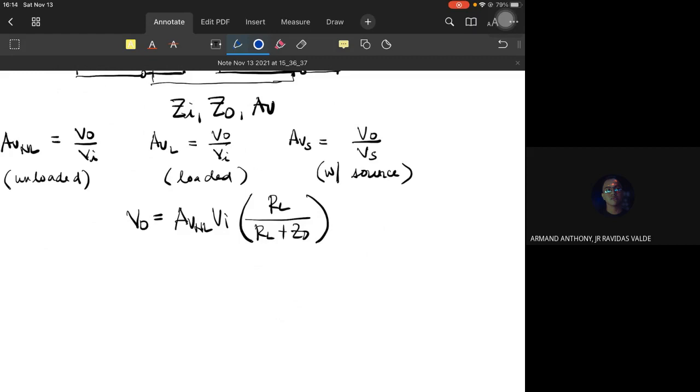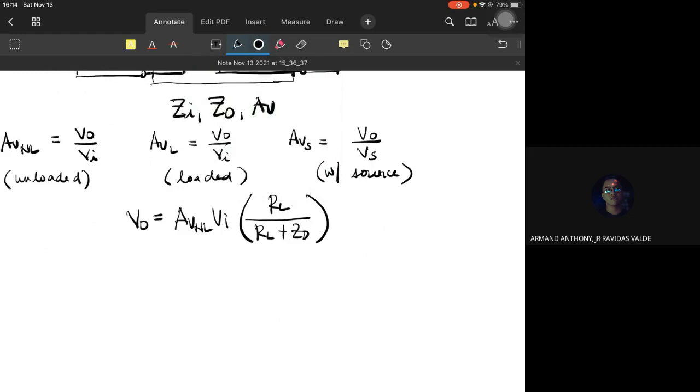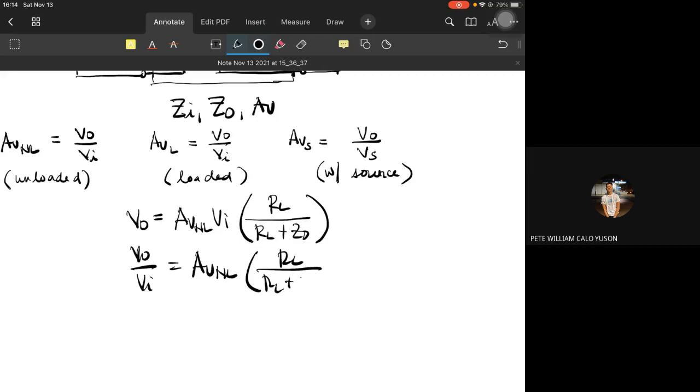To get VO and VI, we divide both sides by VI. So VO over VI is equal to AVNL times RL over RL plus ZO.